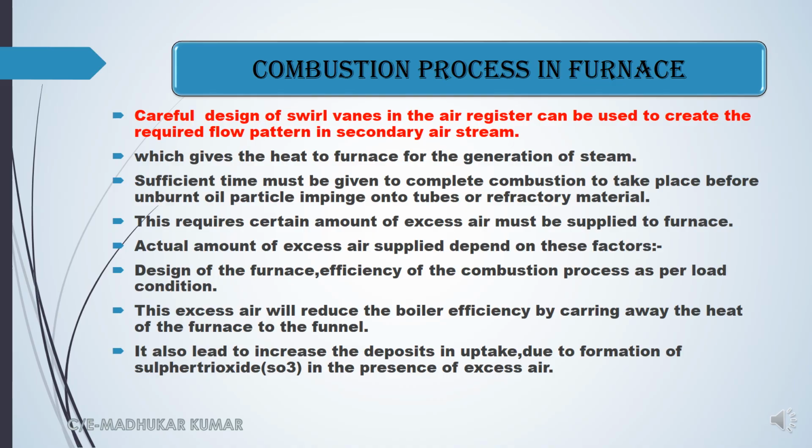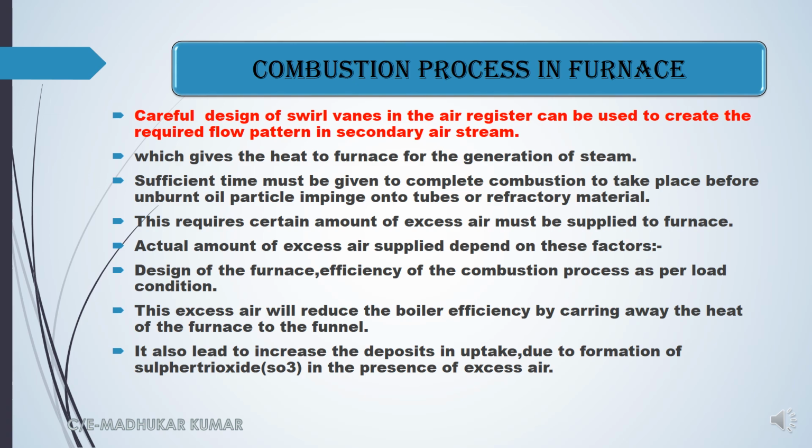Okay, so the combustion process we have seen earlier: the primary flame, the secondary flame, the stabilization of the primary flame, the suspended flame creation, everything. Now, with careful design of the swirl vanes, which we have seen earlier in the diagram or in the air resistor, we can create the required flow pattern in the secondary air system.